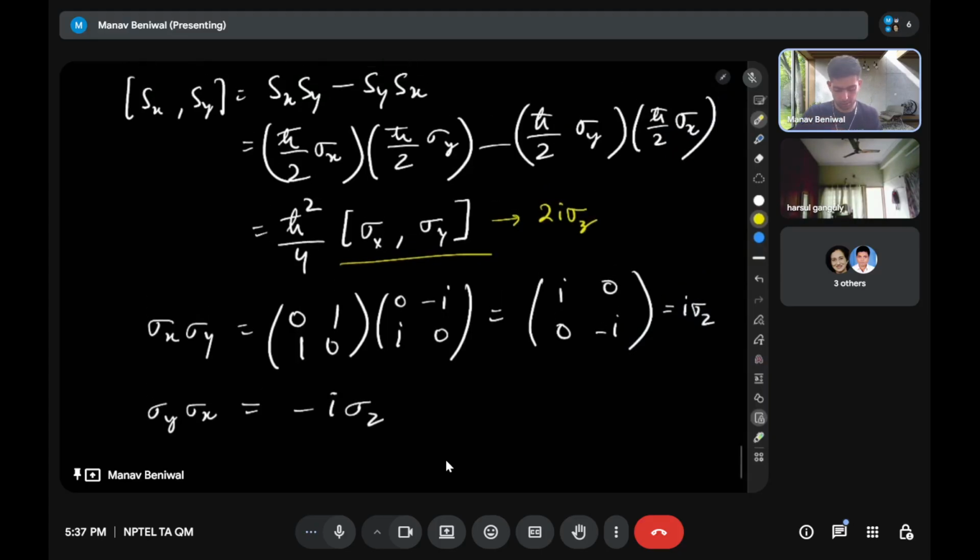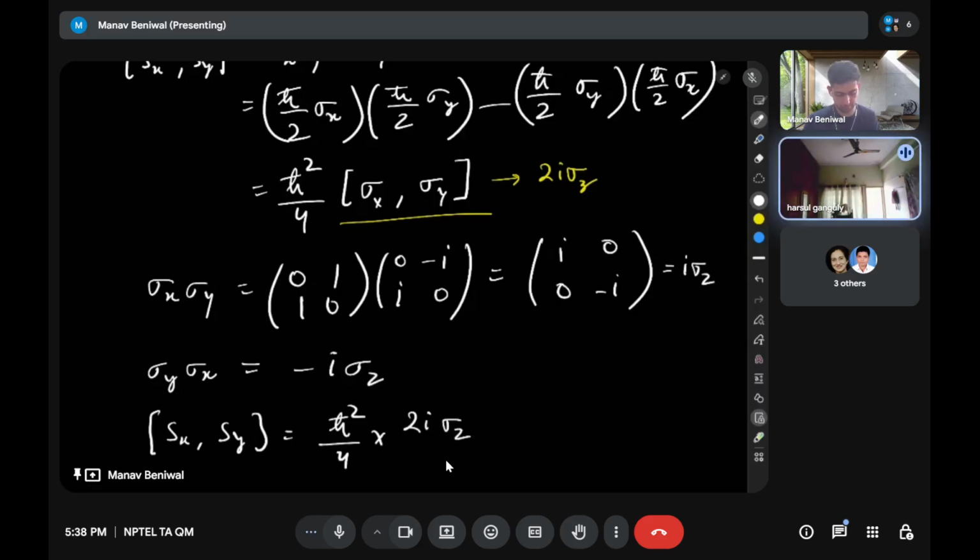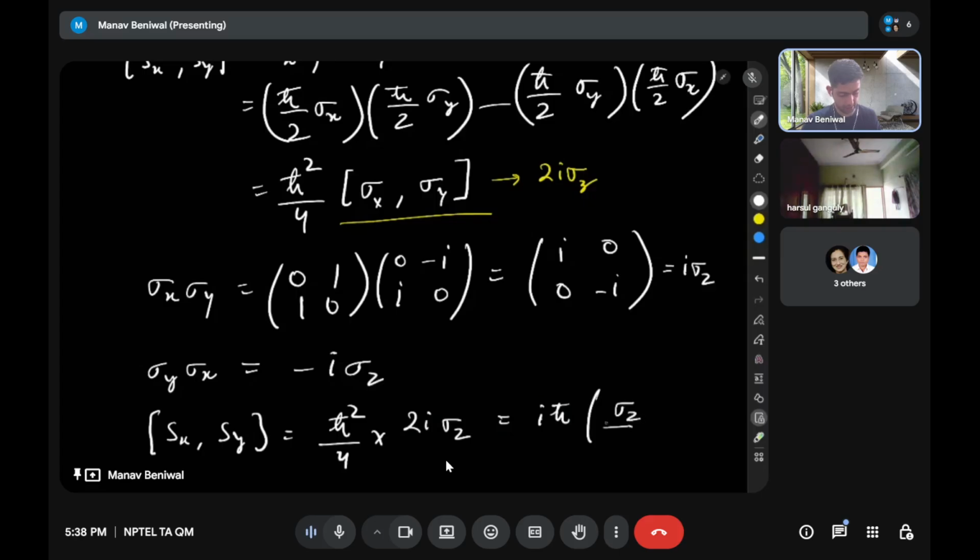So our Sx comma Sy becomes h cut squared by 4 multiplied by 2 iota sigma z. Let's take iota h cut outside, and this we can write as h cut by 2 sigma z, which is Sz.